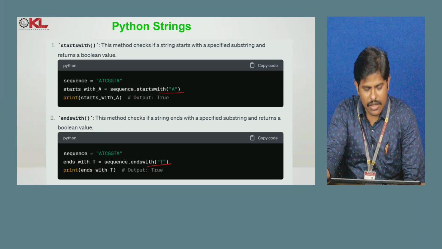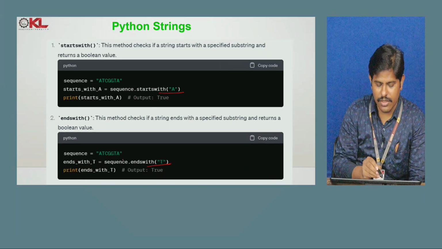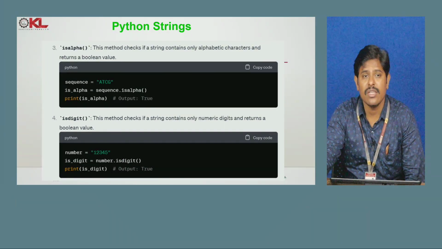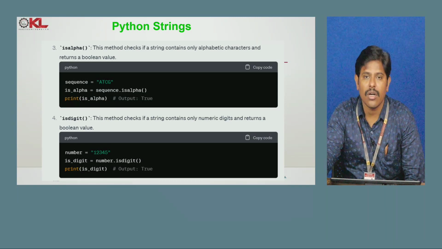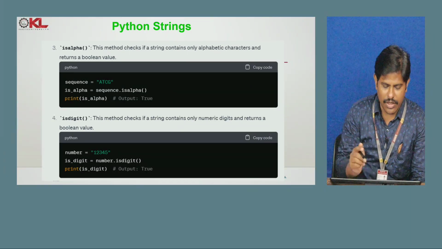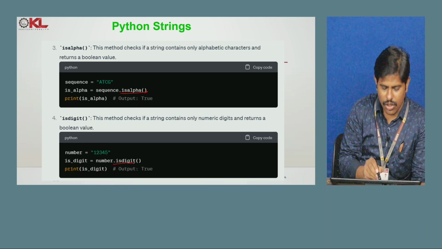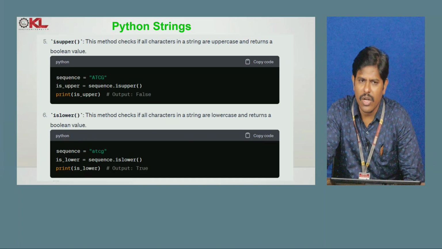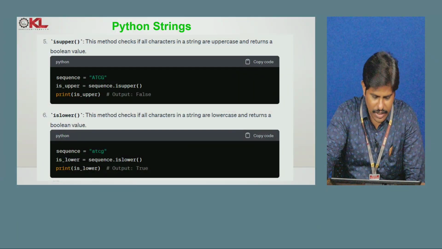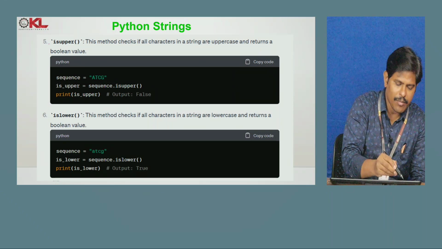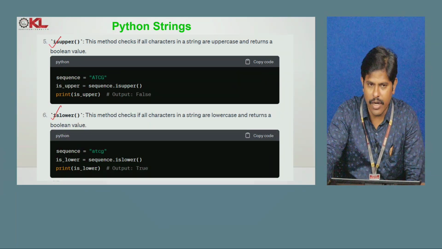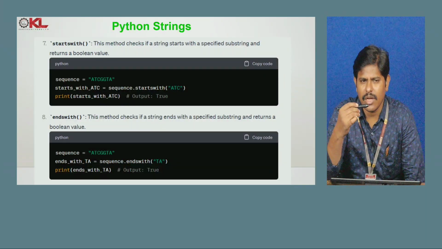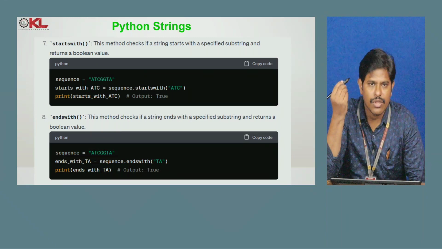Simply say sequence dot startswith A or sequence dot endswith T. You can also check whether a given string is alphanumeric, or whether it is a digit, using dot isalpha and dot isdigit. These methods tell you the type or identity of your string, and you can also check whether the sequence is uppercase or lowercase using islower and isupper. Tens of methods are available with your Python strings.